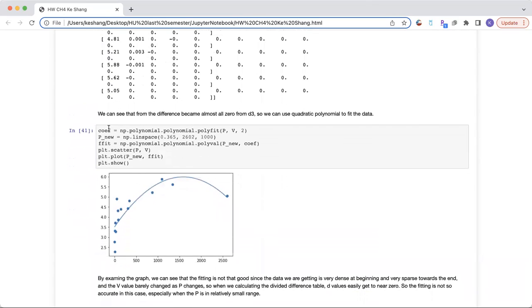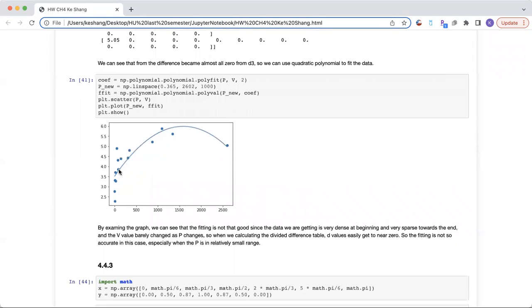As above, I calculate the quadratic polynomial of the data. After I calculate the coefficients of our equation, we get this fitting here.